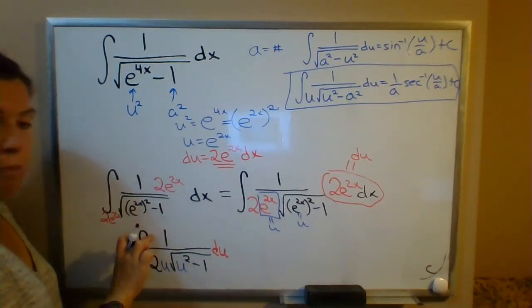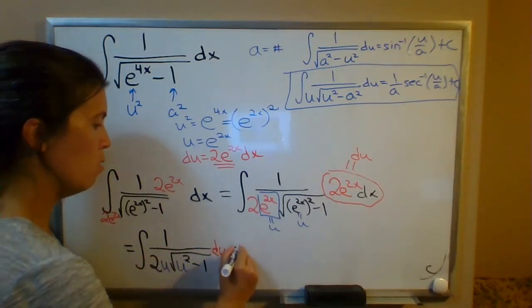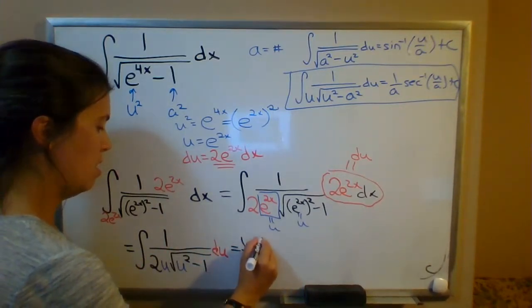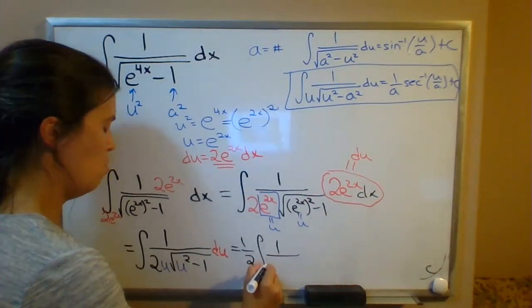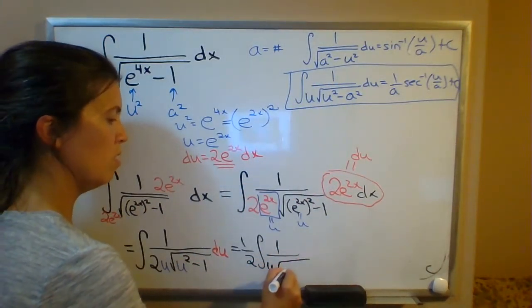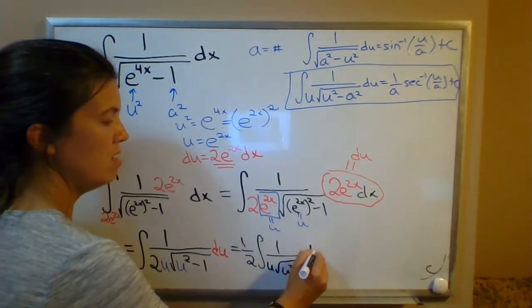This 1 over 2 is a constant coefficient, so I'm going to pull that out. And now it has exactly the form that's listed up there: 1 over u square root of u squared minus 1 du. So in this case, a is 1.